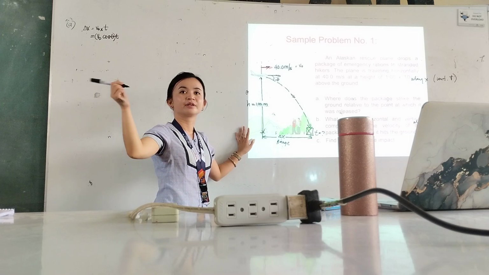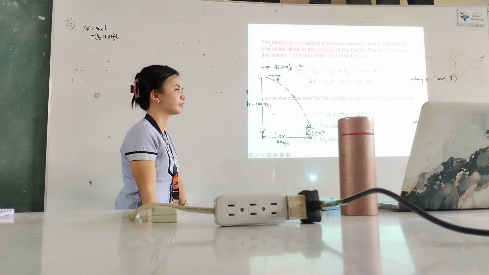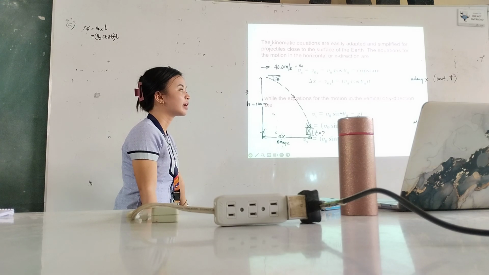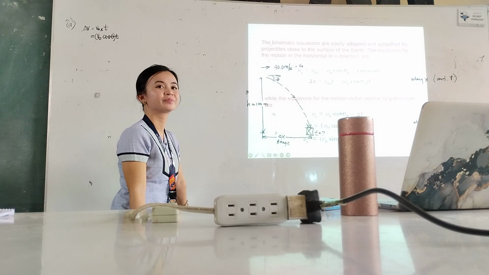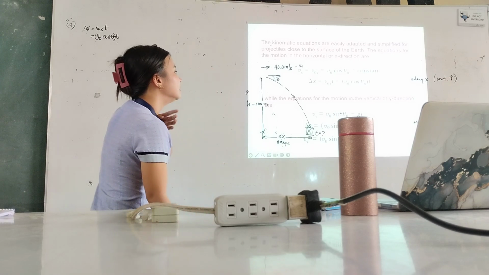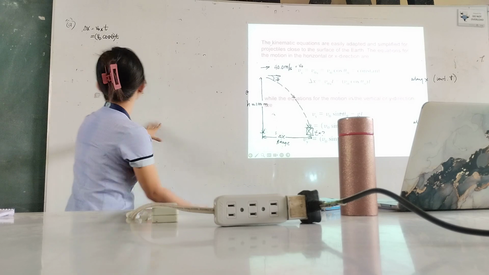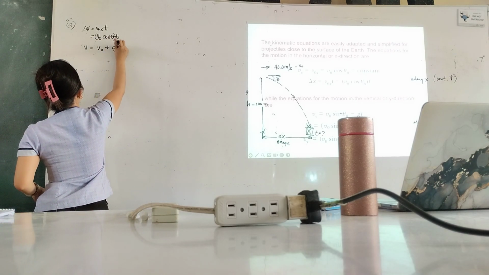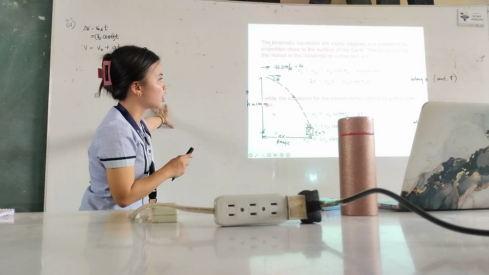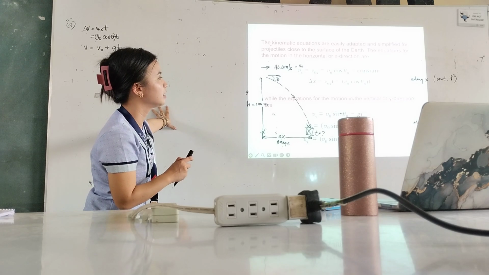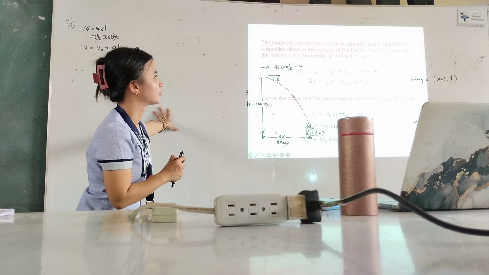We need to find time. Using delta x, divide both sides: time equals delta x divided by V0 cosine theta, since V0 cosine theta is constant.